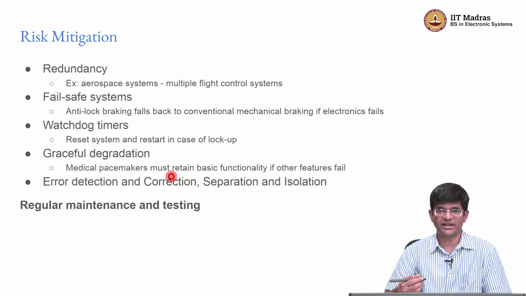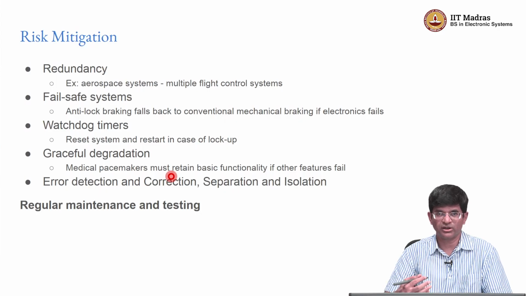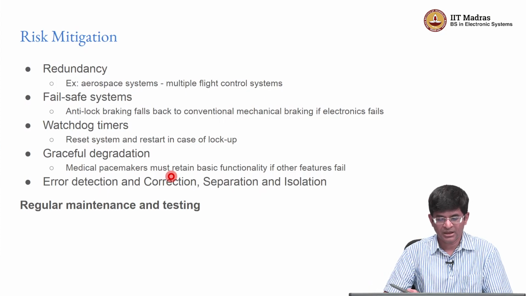They might have complicated functionality, including trying to control the particular rate or even adapt to the kind of activity that a person is going through. But the most basic thing, even if the electronics fails, should be that some part of it which just keeps the basic cardiac rhythm going should remain operational. This is graceful degradation. If some part fails, the other parts still continue to work, but they don't completely fail and the system doesn't just stop working as such.